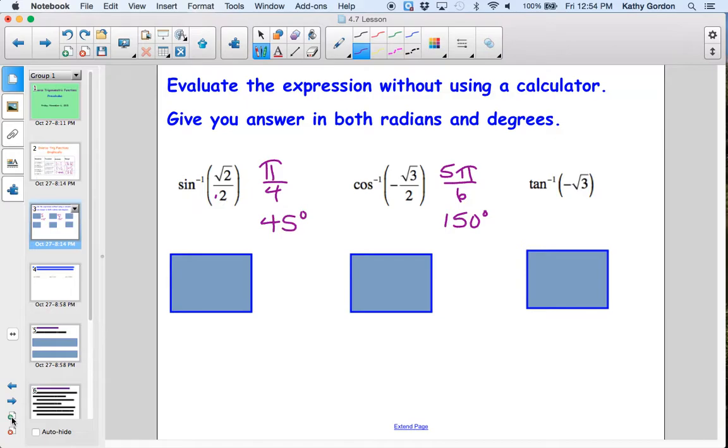You want it in positive or negative angle measurements? Whatever works. I think that's right.